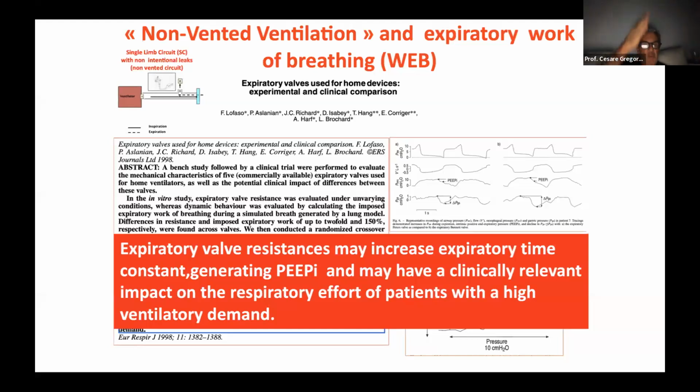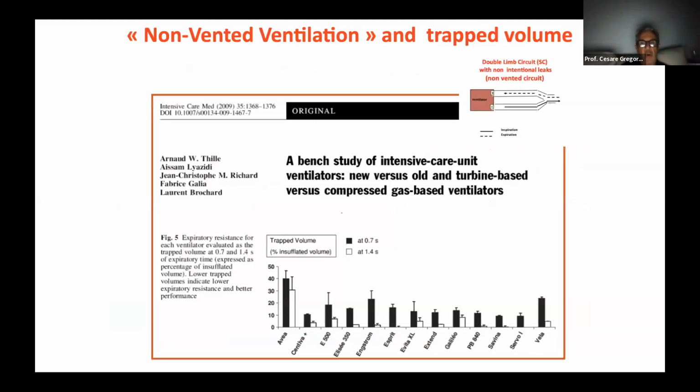You can tell me it was 1998. We didn't use a double respiratory circuit. We used one non-vented mushroom valve circuit. So time passed by. So what? I would not say so what, because Thiel did this interesting study in 2009 using a double circuit with very common ventilators in ICU. Some of them are still in use.